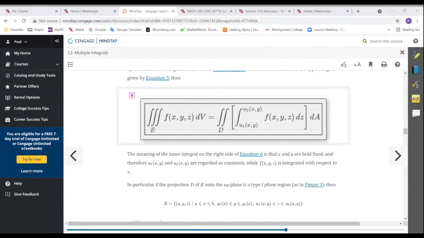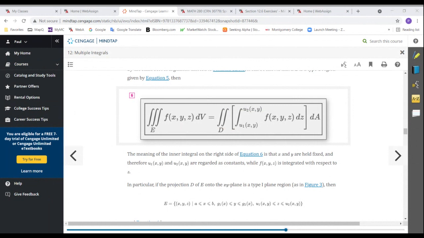Now instead of dx dy, you have dz dy dx. Because dV is a volume, and to get a volume, you need to multiply a length differential times a width differential times a height differential. Hence dz dy dx. So you can iterate the way you're used to doing with double integrals, with triple integrals.